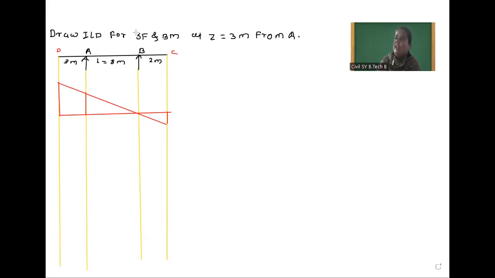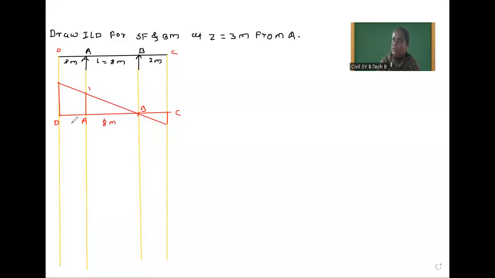Now we will write values here. This is A point, this is B point, this is C point, and this last one is the D point. So this span is 8 meter, here value is 1. And you have to find the value here.